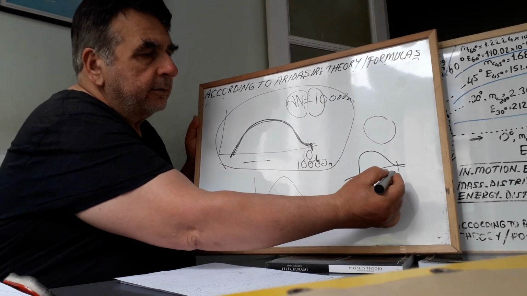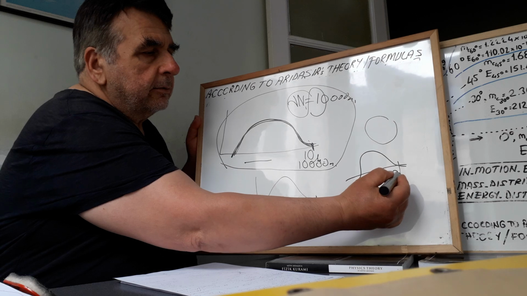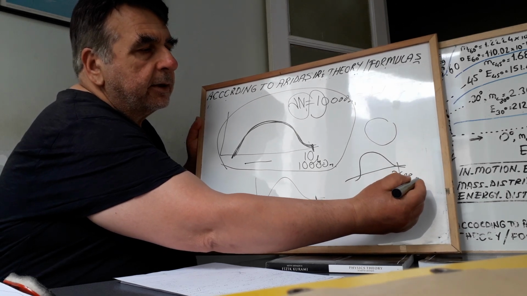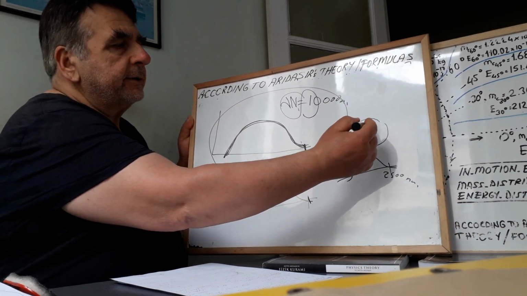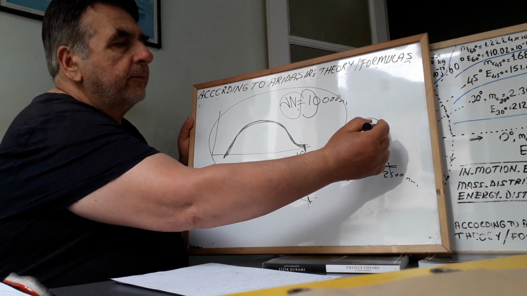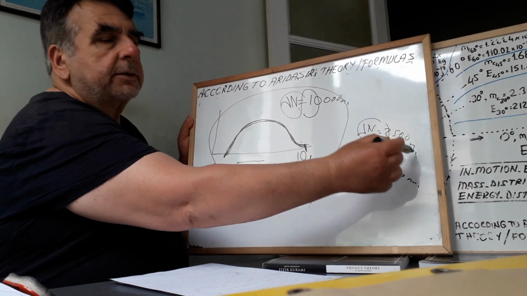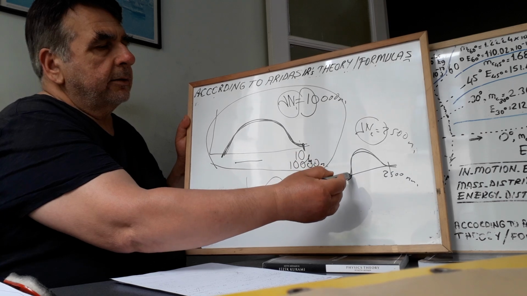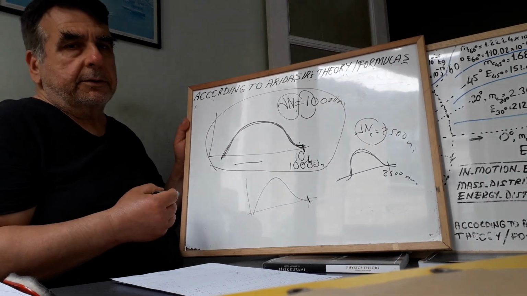This is, say, 2500 nanometer wavelength size, lambda normal 2. Okay, this is like this.